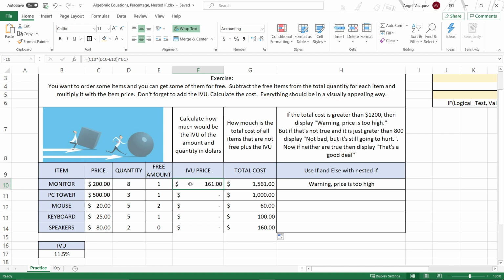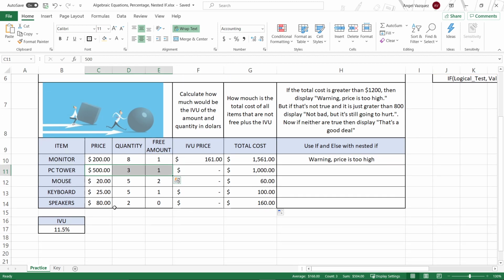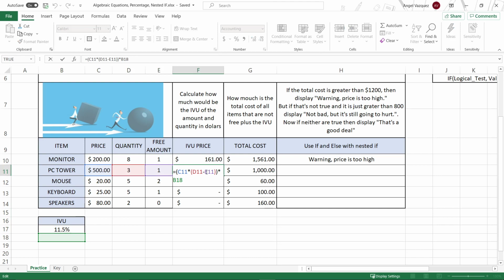Like the whole formula will start from this one: if the first cell was looking for price and quantity in this row, then the second cell will look for them in this row. But remember that we're also looking for the evil, which is here. So right now, if I double click here, look at the marked up cells. So it's looking for the price, quantity, and free amount in the right place, but it's not looking for the evil in the right place.